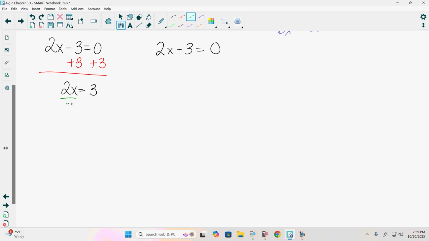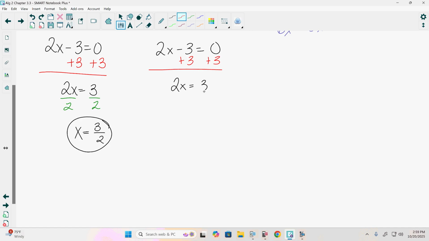Then we would divide by 2, telling us x is equal to 3/2. We can do the same thing with the other 2x minus 3. We can add 3 to both sides, telling us 2x is equal to 3. Divide both sides by 2, telling us x is equal to 3/2.